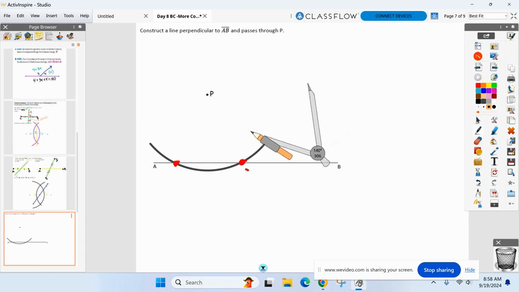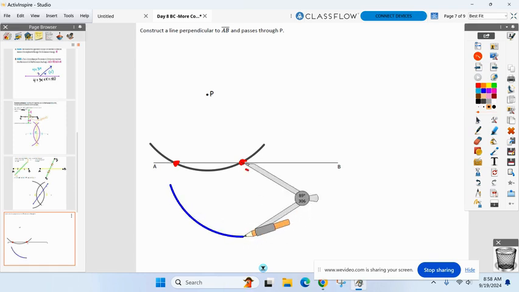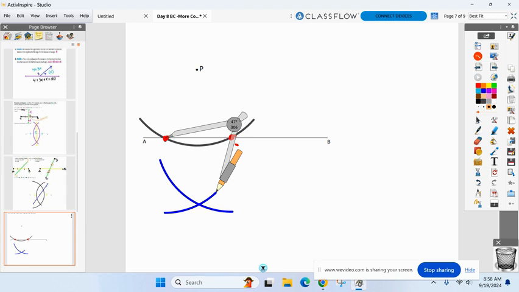Put your compass point on one of them, and you're going to make an arc. Not a big one. You don't need a big one. And then you're going to go over the other point and make another arc that intersects the second one. And the hope is when you're done and you grab your straight edge, it lines up right underneath point P, hopefully.